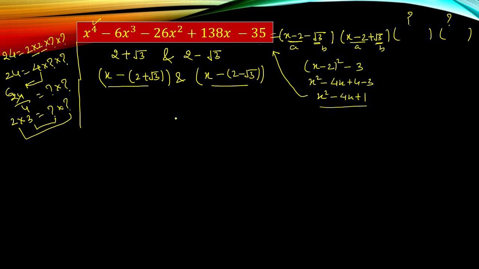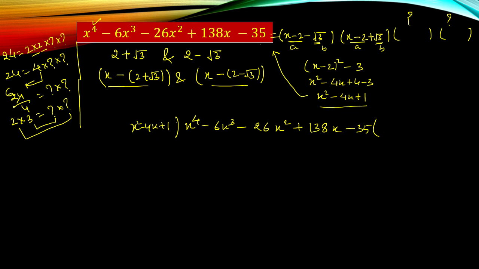So now we are going to divide this polynomial, x to the power 4 minus 6x cube minus 26x square plus 138x minus 35, by the product of the factors, that is x square minus 4x plus 1. As we divided the number by the product of the factors and got a quotient, similarly we will divide the polynomial by the product of the factors and we will get the quotient.